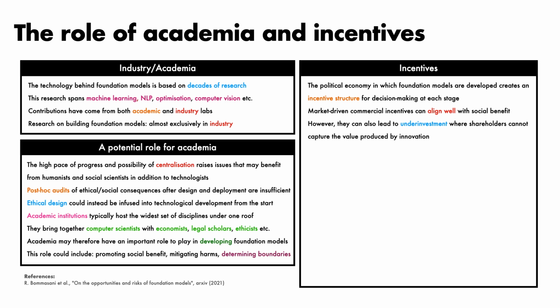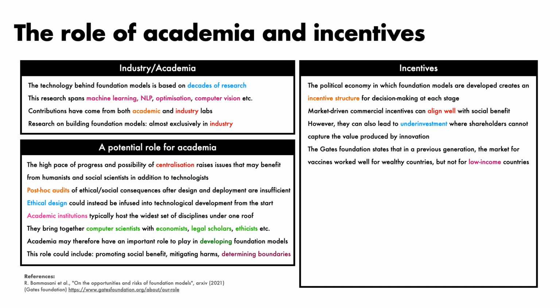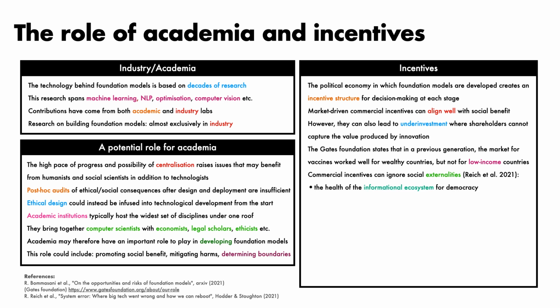For example, the Gates Foundation states that in previous generations, the market for vaccines worked well for wealthy countries, but not for low-income countries. In addition, commercial incentives can ignore the costs of social externalities, such as the health of the informational ecosystem necessary for a functioning democracy, or the environmental cost of computing resources.